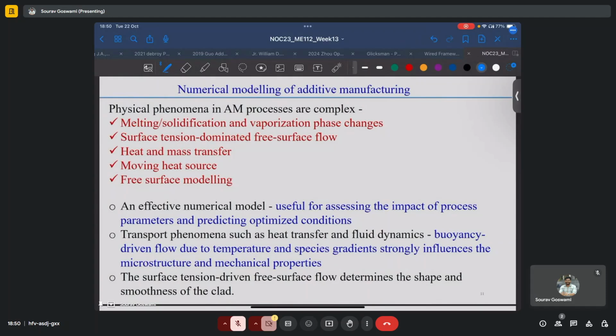Next, we look at the numerical modeling aspects of additive manufacturing. As we know, the objective of any numerical modeling or any modeling approach for that matter is to model a physical phenomenon into a mathematical description with some governing equations, some boundary conditions, and maybe in some cases some initial conditions as well.